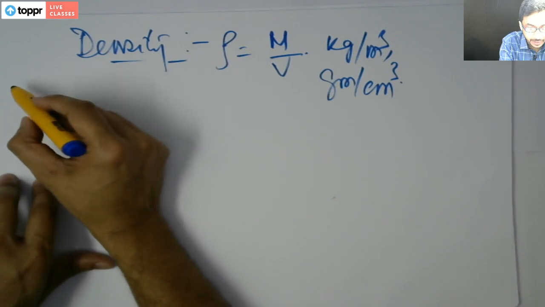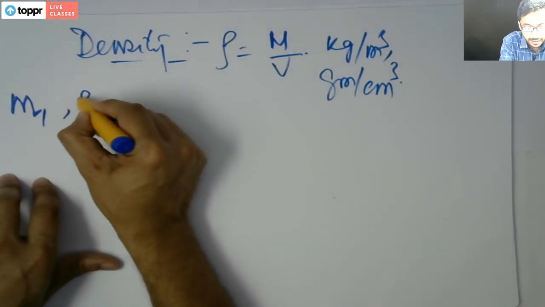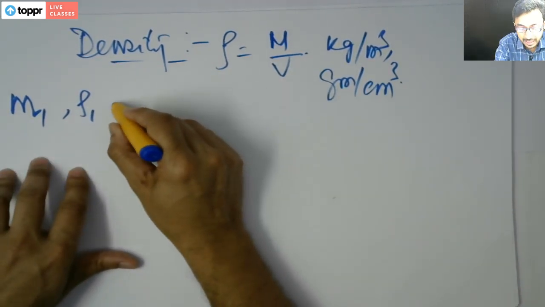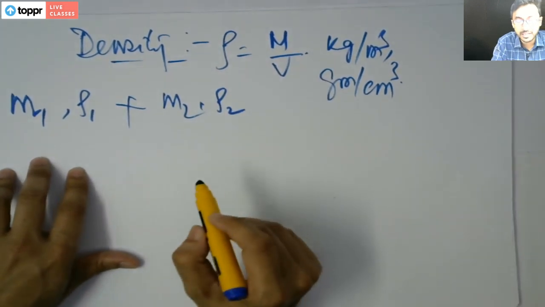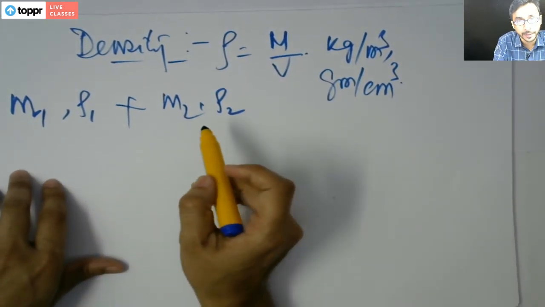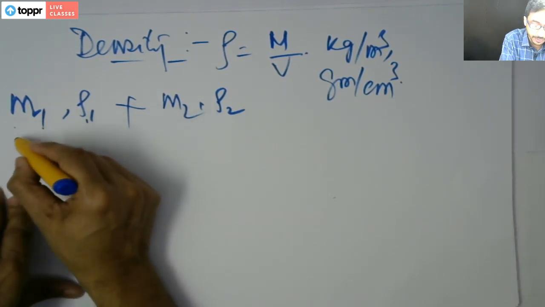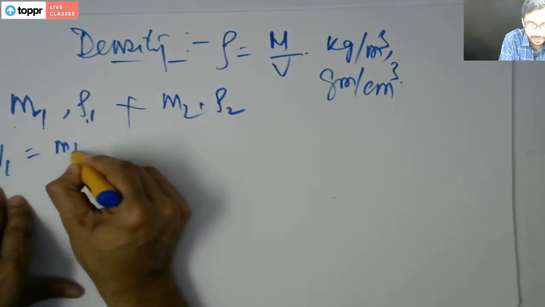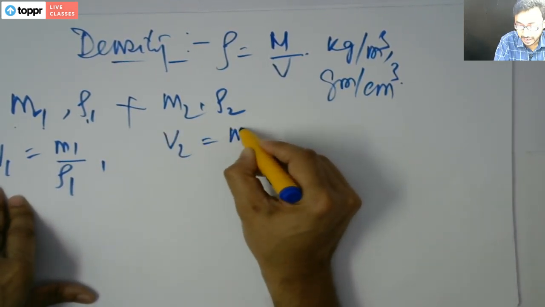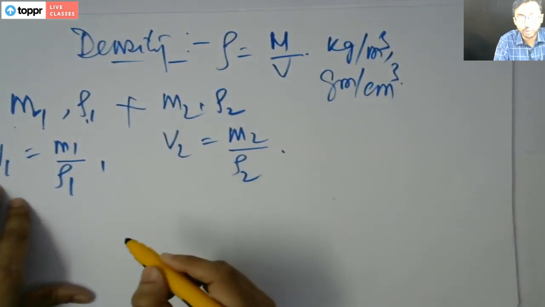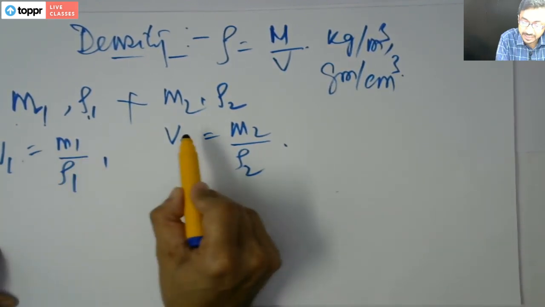Say a liquid of mass m1 and density rho1 is mixed with a liquid of mass m2 and density rho2. For mass m1, density rho1, the volume is m1 by rho1, and for the second, the volume is m2 by rho2. So the total volume is this plus this.